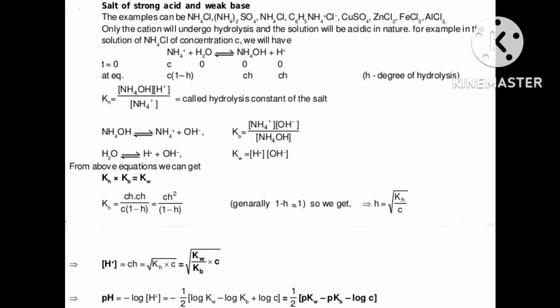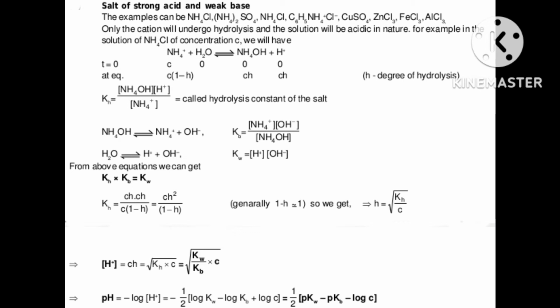It means its value is given. Also calculate the ionization constant of the conjugate acid of ammonia. Ammonia is a base, you know.